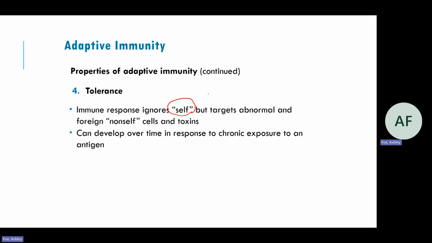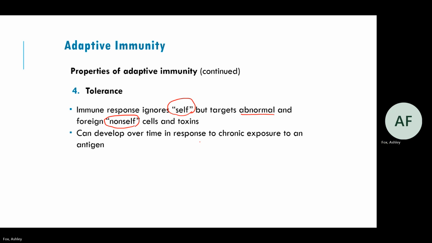Skin cells are normal, liver cells are normal, and it only targets the ones that are abnormal or foreign, so non-self cells and toxins. Those are recognized as stuff that's not supposed to be there. Your liver cells, specific to you, are supposed to be there. If there's an abnormal bacteria cell, that's not supposed to be there. Or if there's a cancer cell, that's abnormal and we need to get rid of it. So it's about being able to recognize normal self cells.